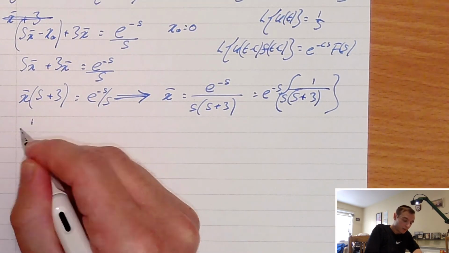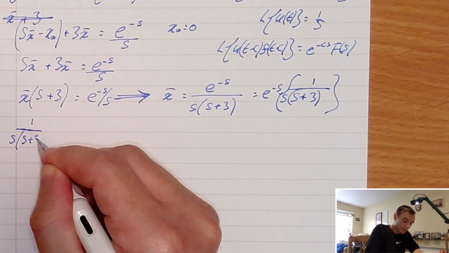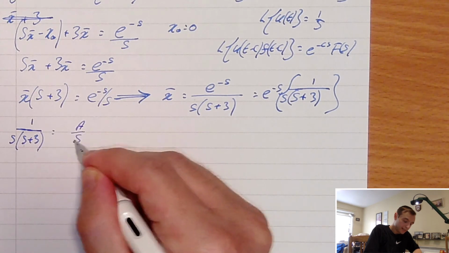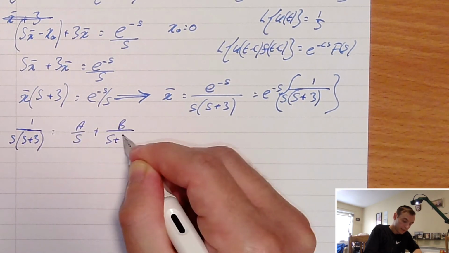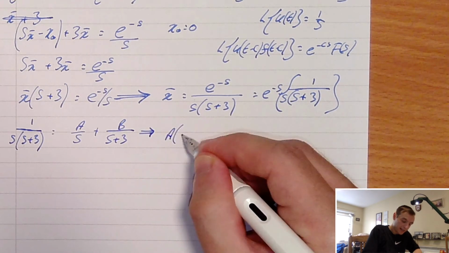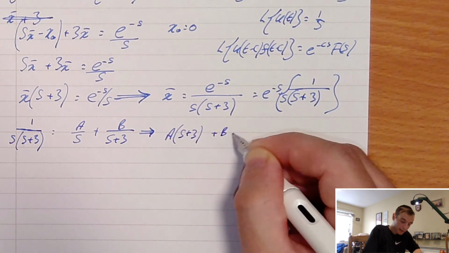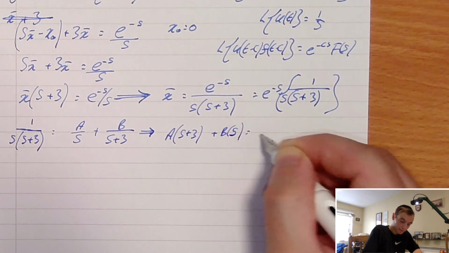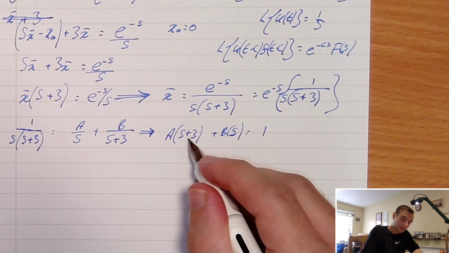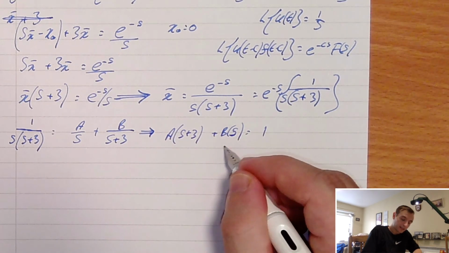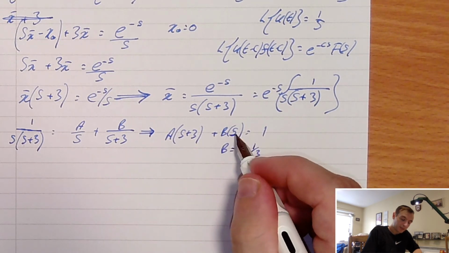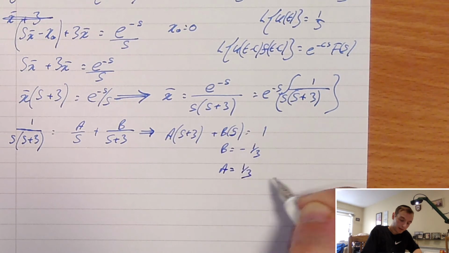So we can say that 1 on s times (s plus 3) equals a on s plus b on s plus 3, which implies that a times (s plus 3) plus b s equals 1. So when s plus 3 equals 0, s equals minus 3, so we can say that b equals minus 1/3, and when s equals 0, a equals 1/3.